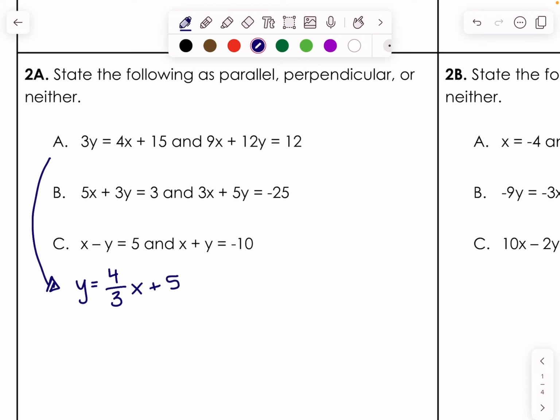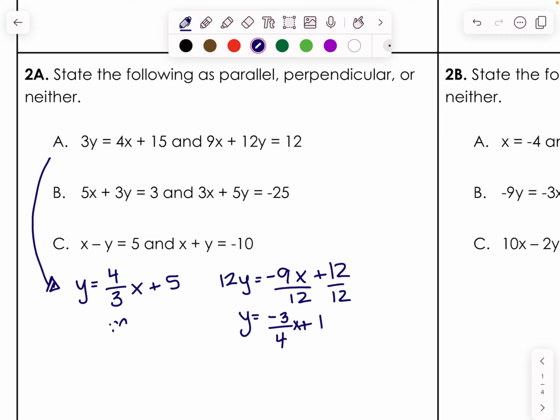And then for my second one, I'm going to start by subtracting x, and then divide by 12. So negative 9 over 12 is going to be negative 3/4 x plus 1.